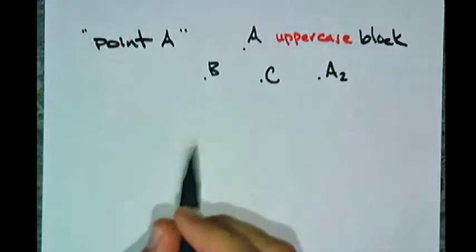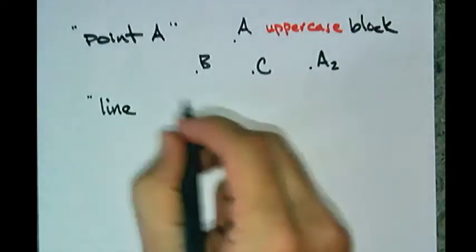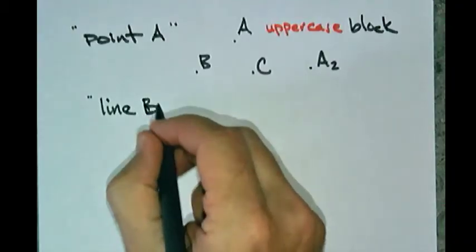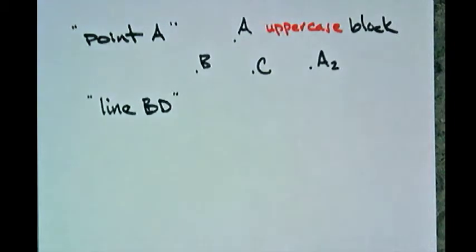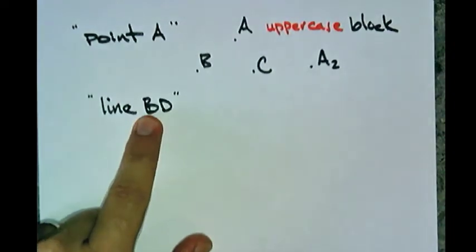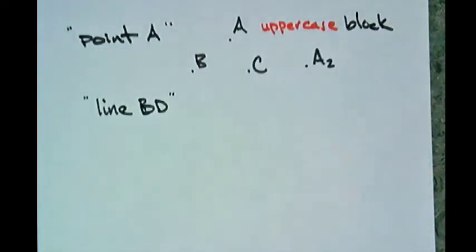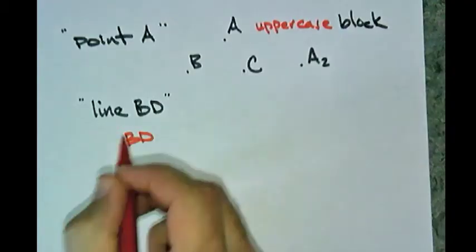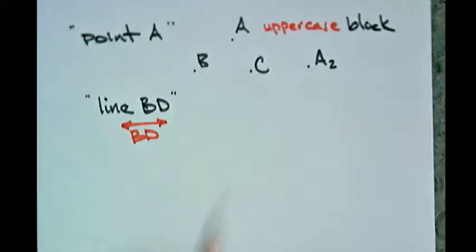All right? Now, if I arrange infinitely many points in a straight continuous arrangement, I will make a line. So let's call this line BD. The English is line BD. The symbol for it is going to look like BD, and we're going to put a line over the top of it with 2 arrows.